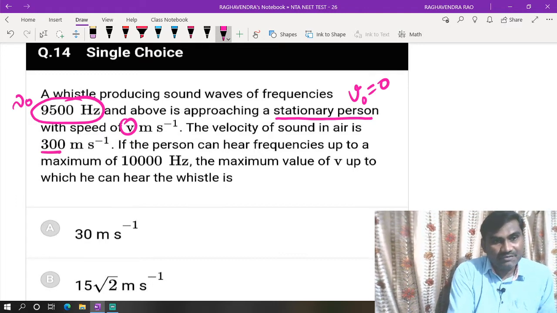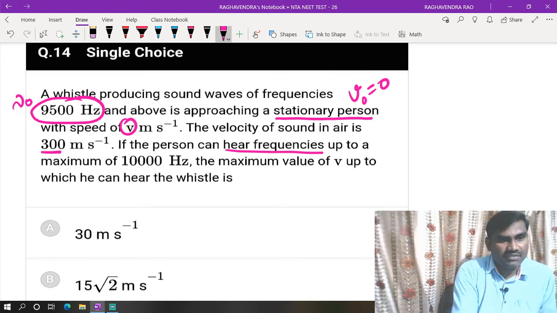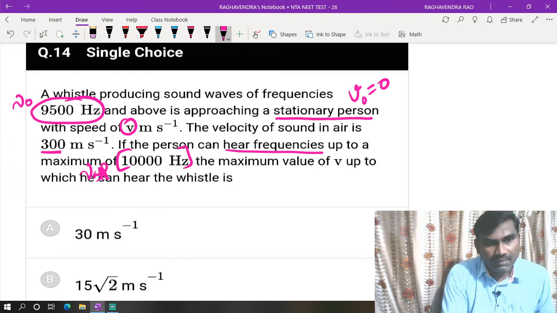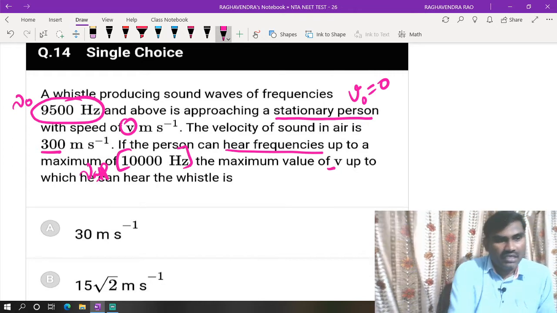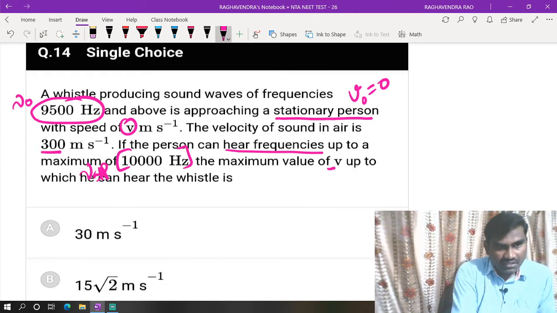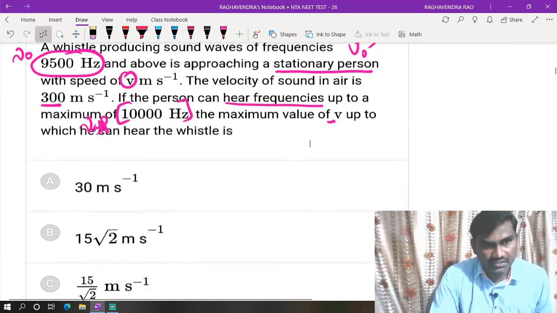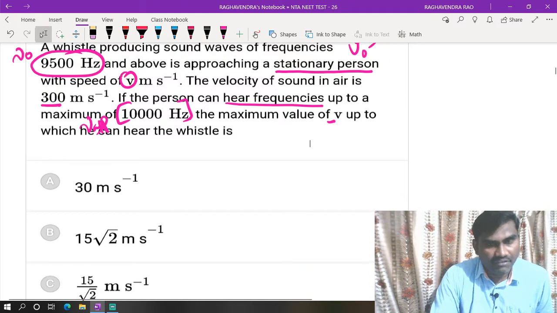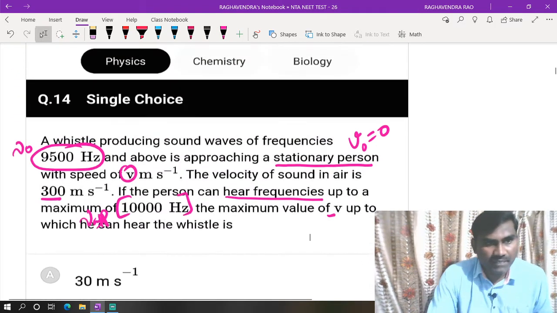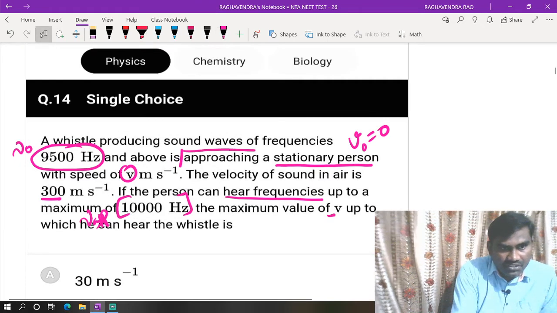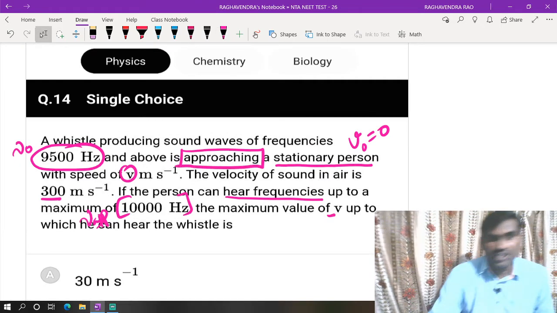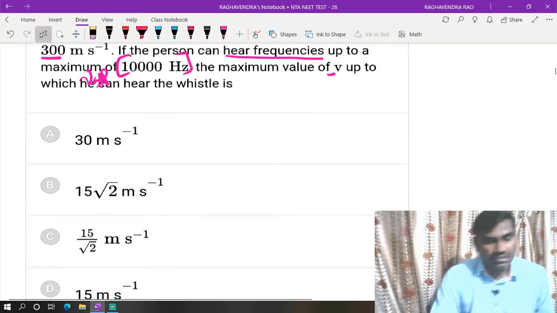The person can hear frequencies up to a maximum of, this is nothing but the apparent frequency. So the maximum value of V up to which he can hear the whistle is what they are asking. The source is approaching towards a stationary observer, that we have to consider.